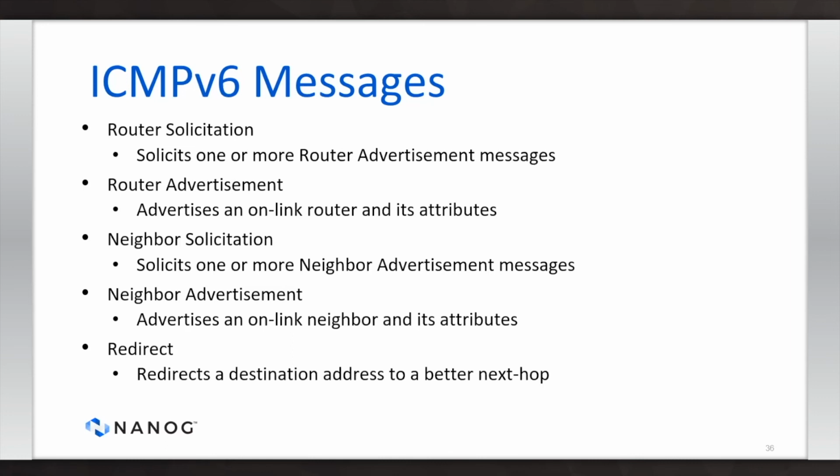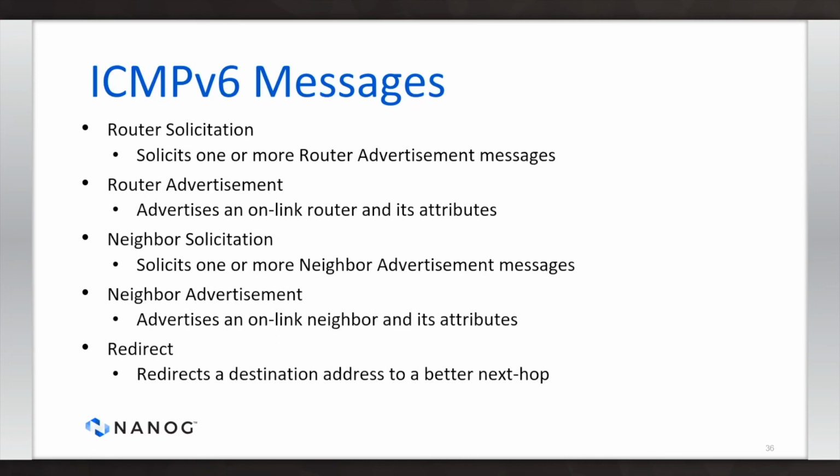There's a router solicitation that solicits a router advertisement from whatever router is on link. These are all on link messages. They'll never be forwarded off link. So you send a router solicitation hoping to get a router advertisement back, so you'll know the address and MAC address of the local router. The advertisement gives you exactly what you asked for in the router solicitation.